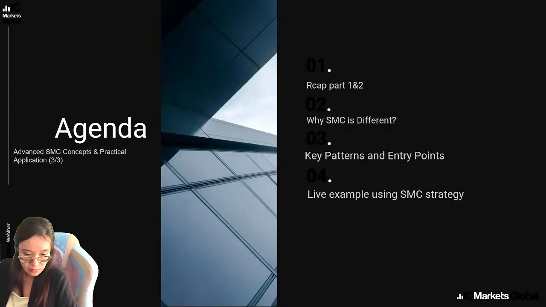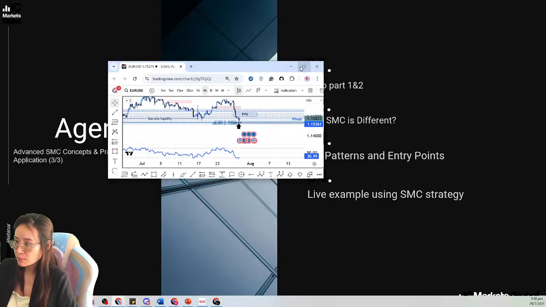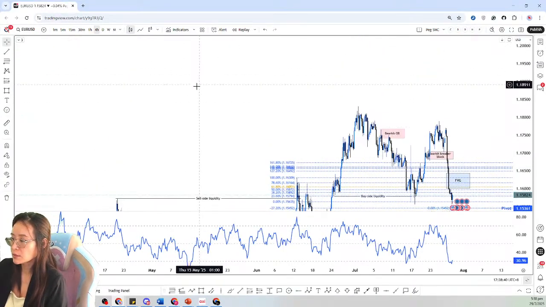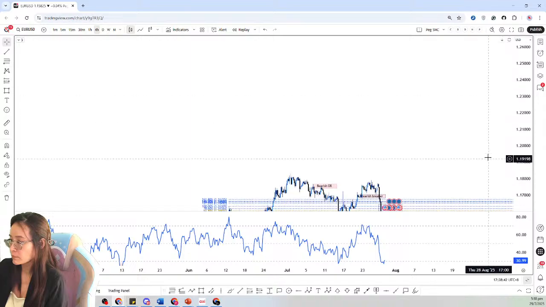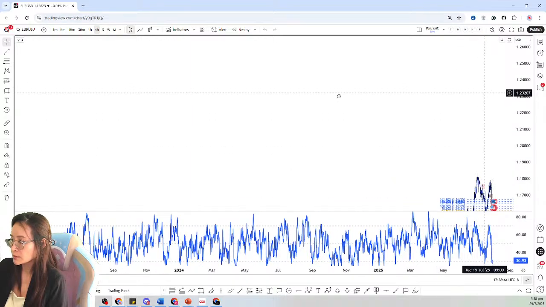Let me open the chart right here. Where is my example?